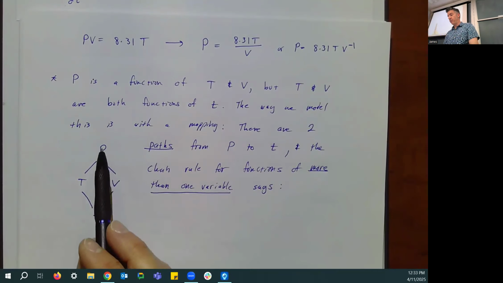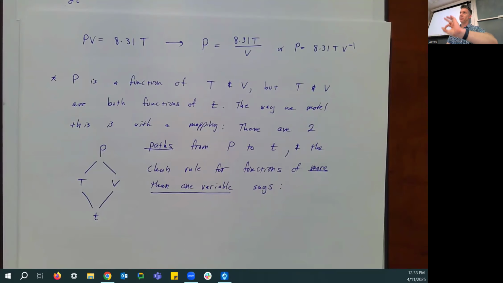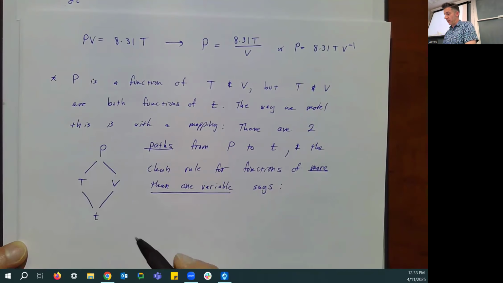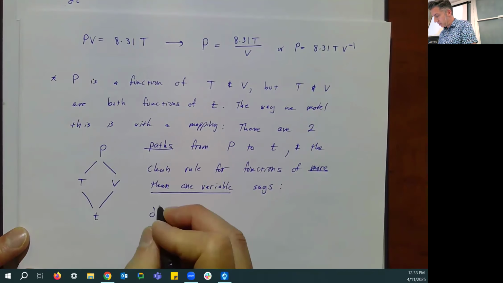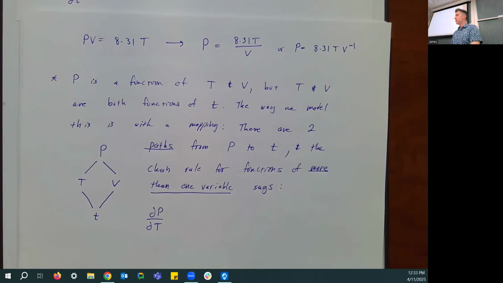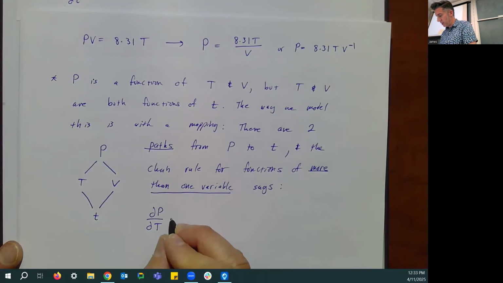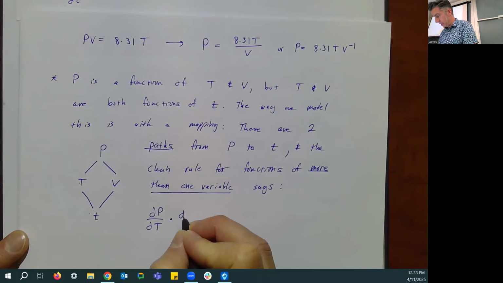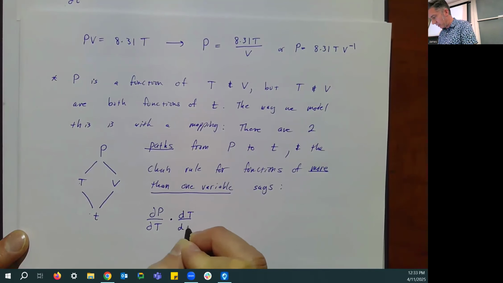So you get from P to little t, time, not big T temperature. To get from P to temperature, we take the derivative, del P del capital T, times, then to get from capital T to lowercase t, the derivative there, dT dt.